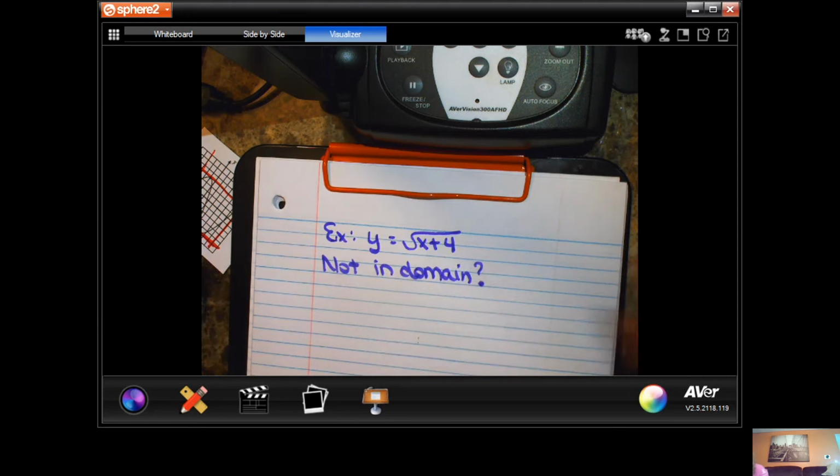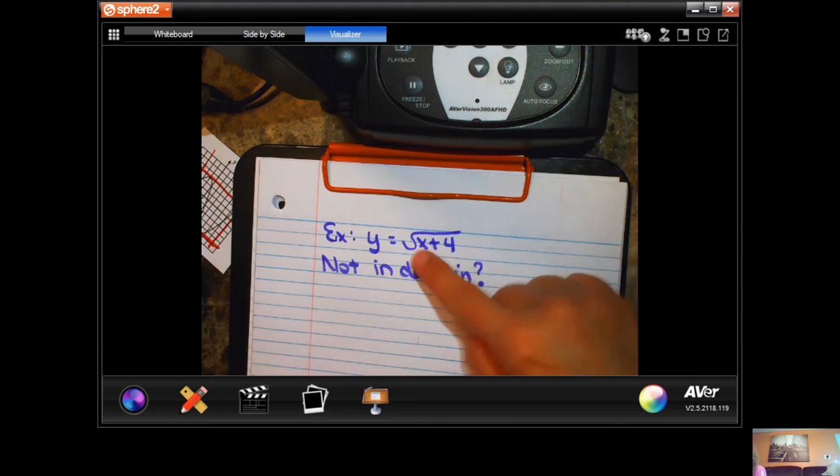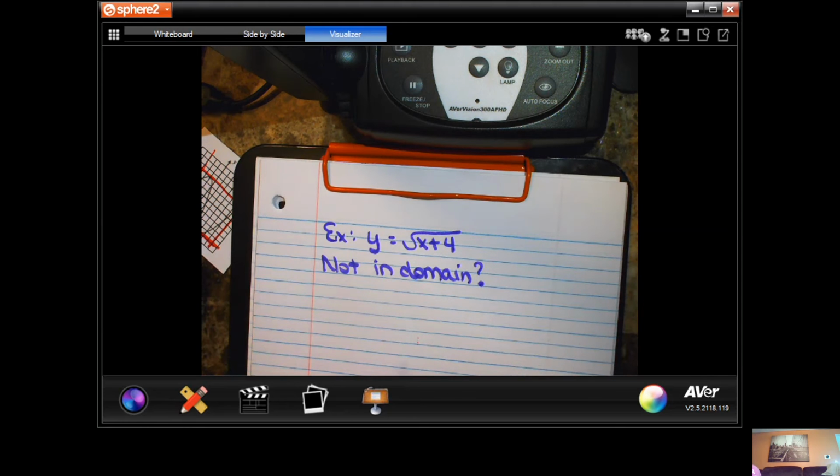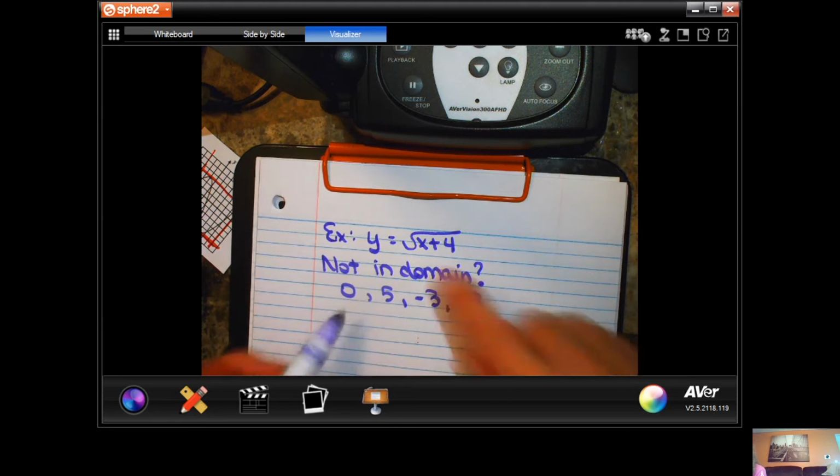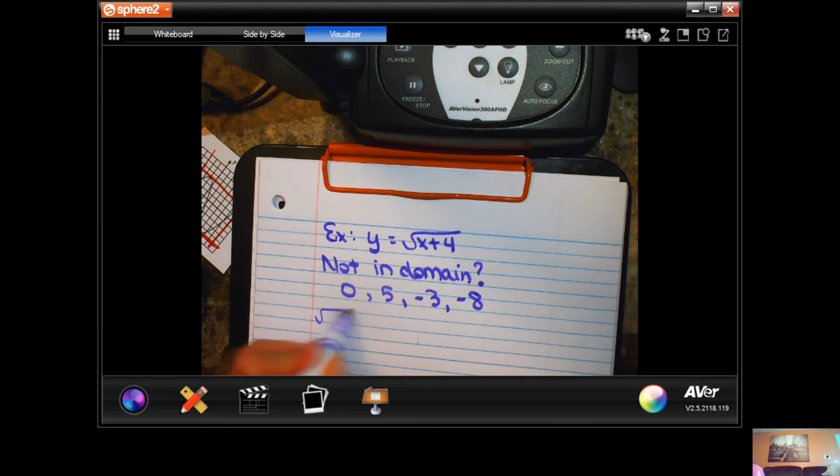Well, we just talked about if we have a square root, you can't have a negative number. So whatever is in here has to be greater than or equal to 0. So if I gave you these numbers, 0, 5, -3, -8. If these numbers are not in the domain, that means we would get a negative number. So if I plug in 0, the square root of 0 plus 4, you don't have to write this again.